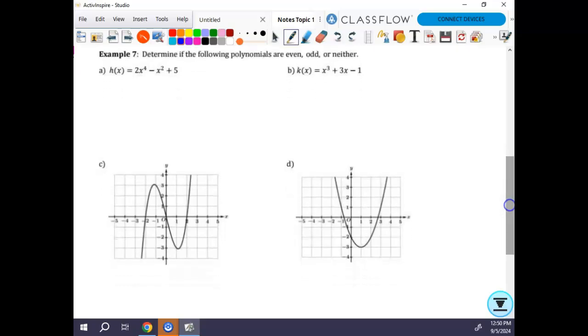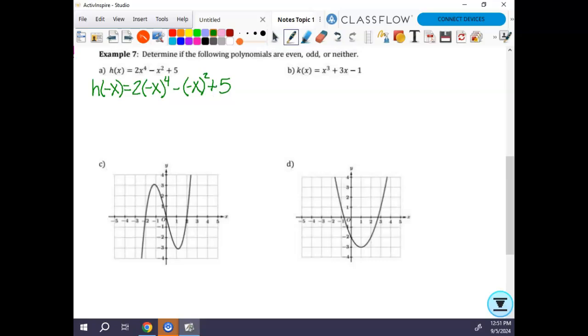Let's look here. We're going to determine if the following polynomials are even, odd, or neither. And so we do that by substituting in the negative x. So this will be h of negative x. That's equal to 2 times negative x to the 4th minus negative x squared plus 5. First step, zero work, you substitute it in.